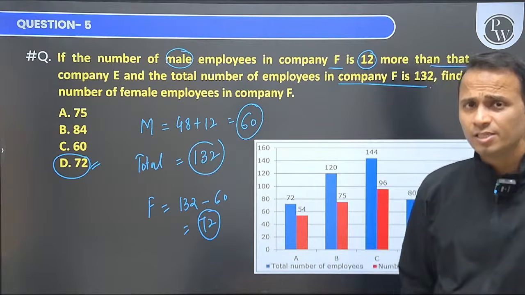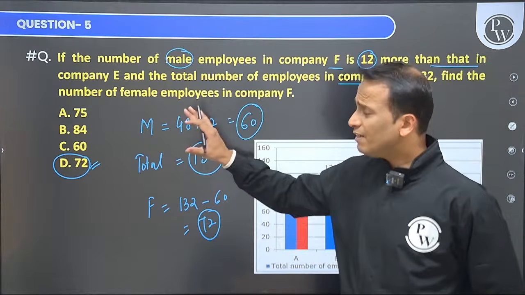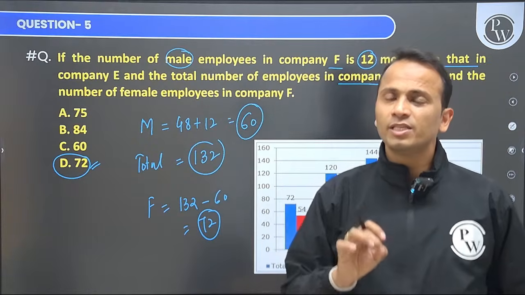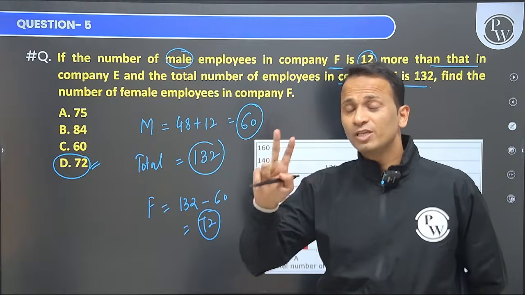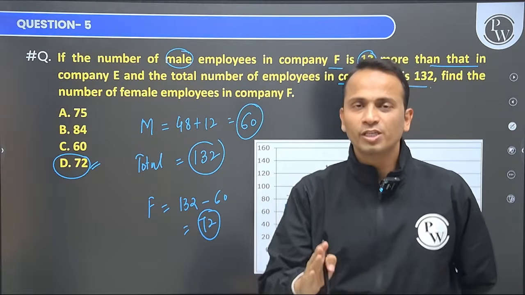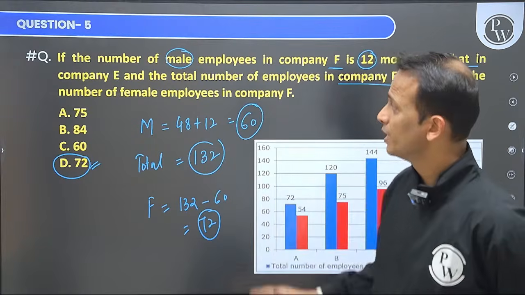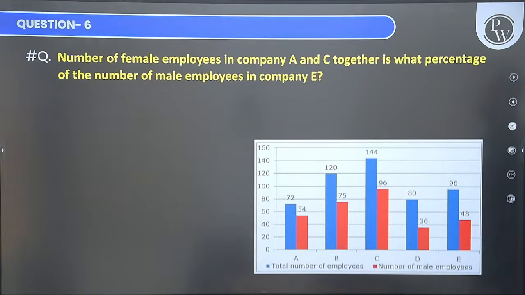Okay, right? So these were 5 questions and we have seen options in each of these 5 questions. Now the next 2 questions will not give you options. Okay, so question number 6. The number of female employees in company A and C together is what percentage of the number of male employees in company E?